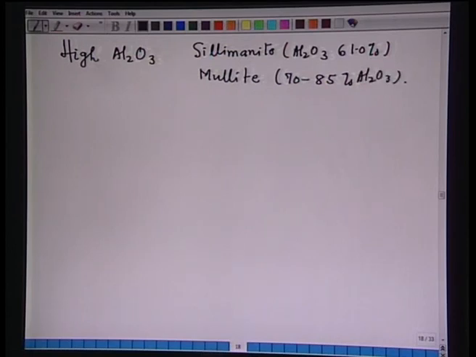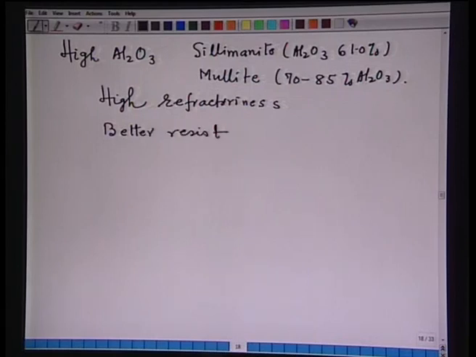Now, these refractories are characterized by high refractoriness, better resistance to slag and better resistance to spalling. These are some of the characteristic property of the refractory.